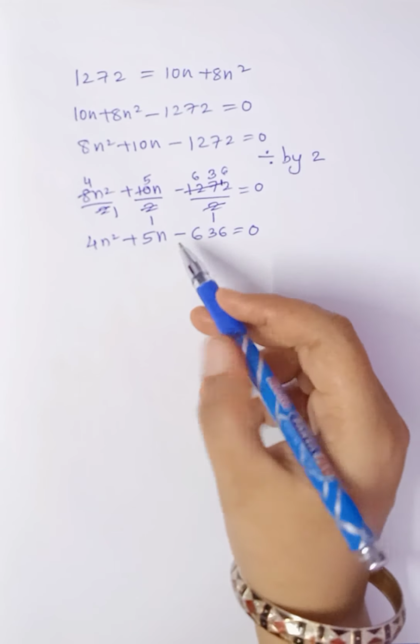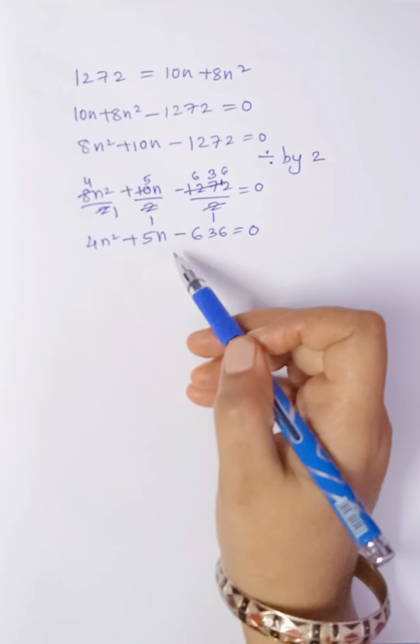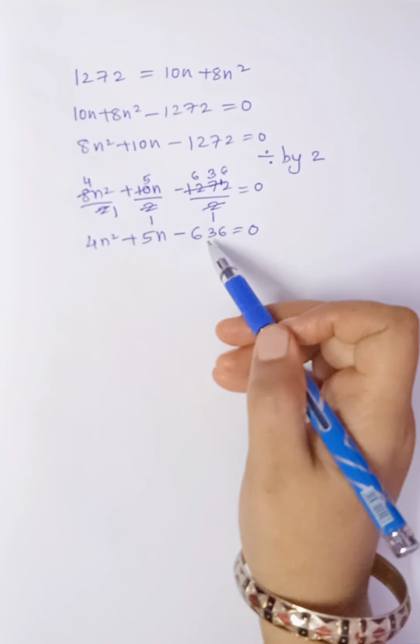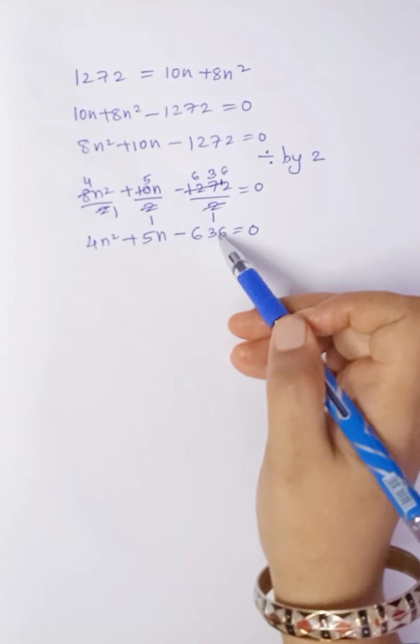Now see, the method of solving is already known to you. I have explained. Now if you multiply two numbers, you should get minus 636. If you multiply two numbers, you should get 636.